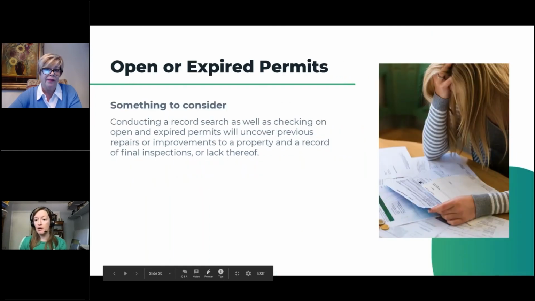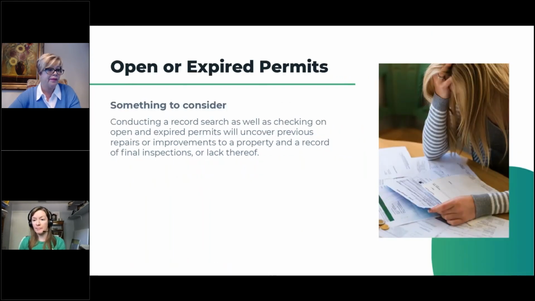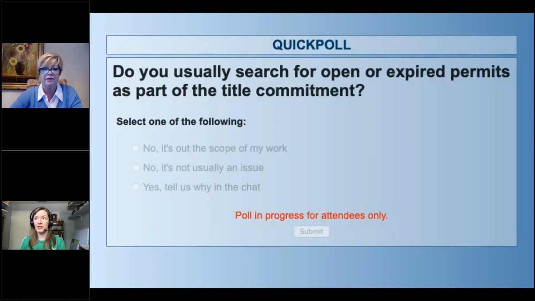And I'm going to go ahead and throw up our next poll as well, because we've talked about what we consider at PropLogix to be a full municipal lien search, and that usually includes an open or expired permit search. But oftentimes I know some people don't like to make those requests because that can basically open up a whole new can of worms as well. So I wanted to get your feedback here today.